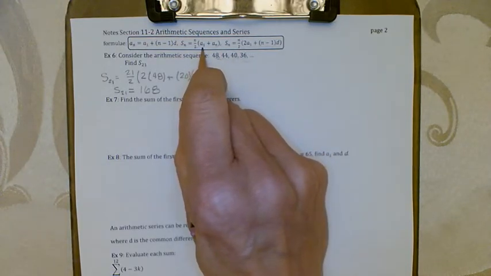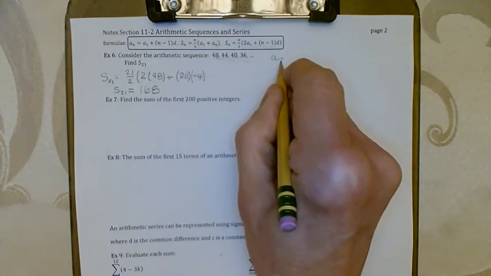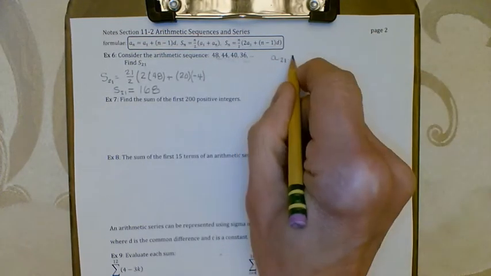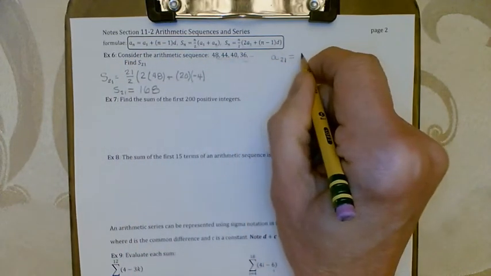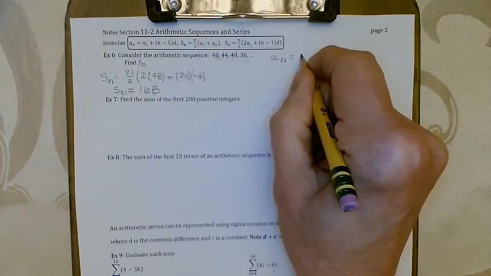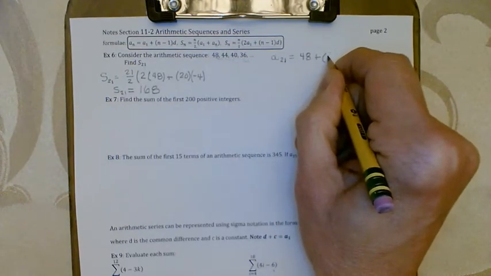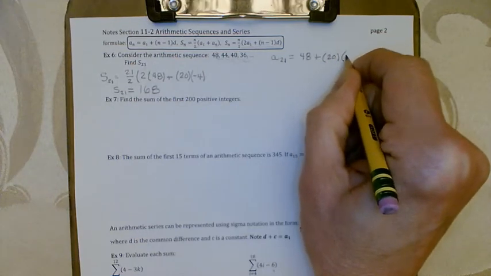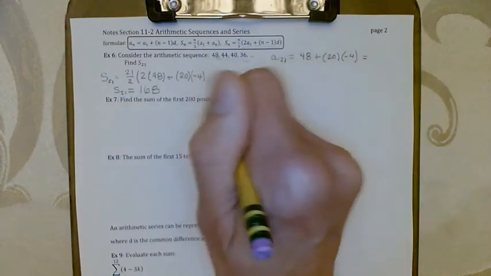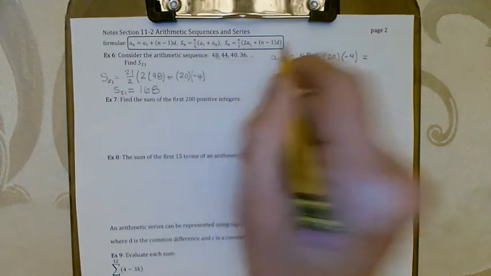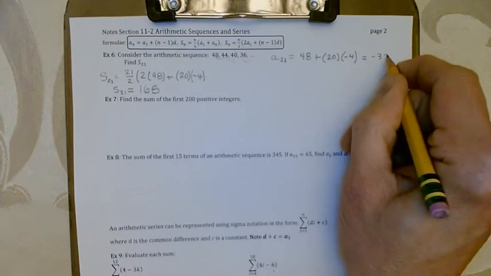So if I was going to do it this way, as an alternative, I would first have to find the 21st term using this formula here, the explicit formula. And so that would just be 48 plus 21 minus 1, or 20, times the common difference of negative 4. And so the 21st term, if we were to continue this sequence on and on, would be negative 32.